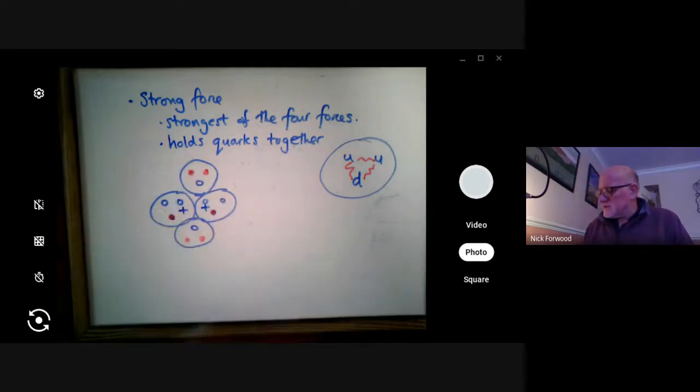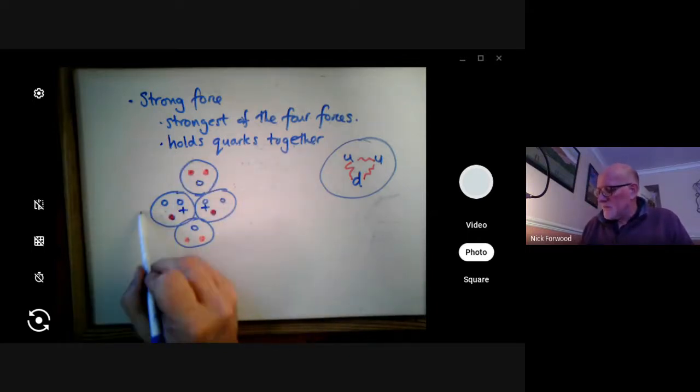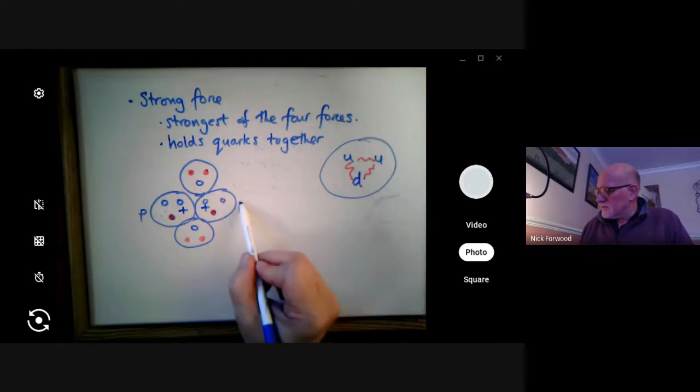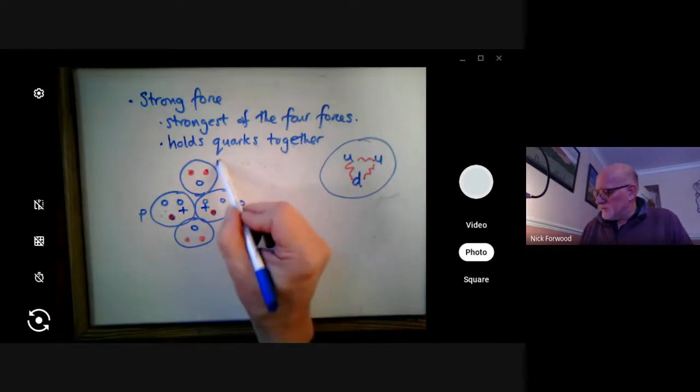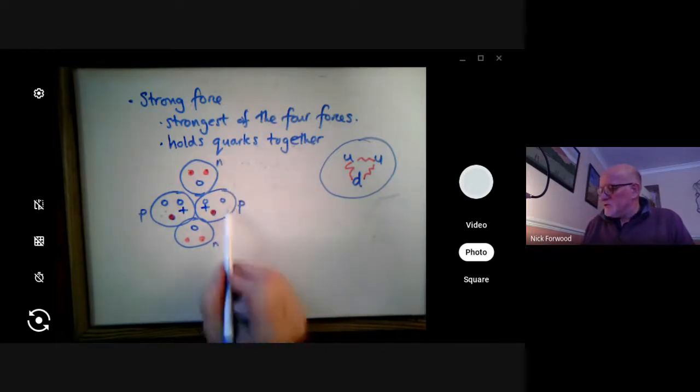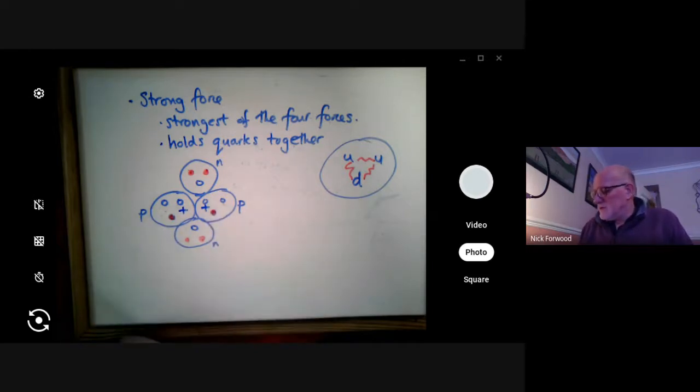So I've got a plus charge on my proton and a plus charge on my proton and 0 charge on my neutron. Now these two should force the two protons apart, but they don't get forced apart. They're actually held together with the strong force. You'd think that perhaps the electromagnetic force acting between two particles would force them apart.